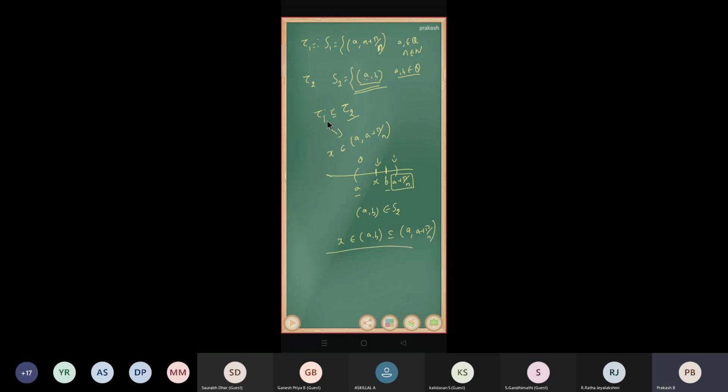Now we have to do the reverse part, that is tau2 is a subset of tau1.